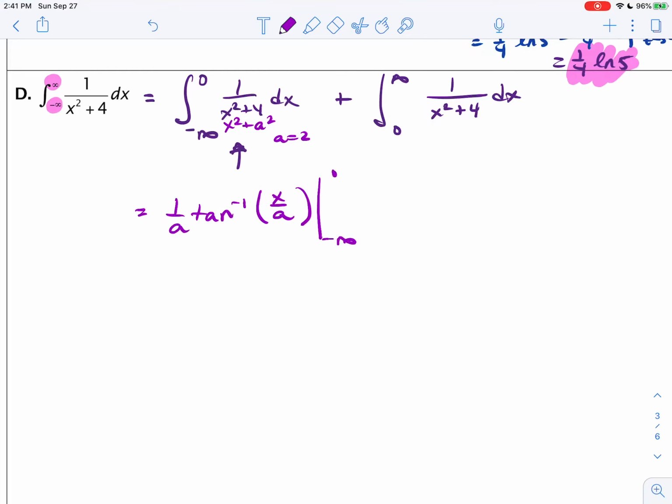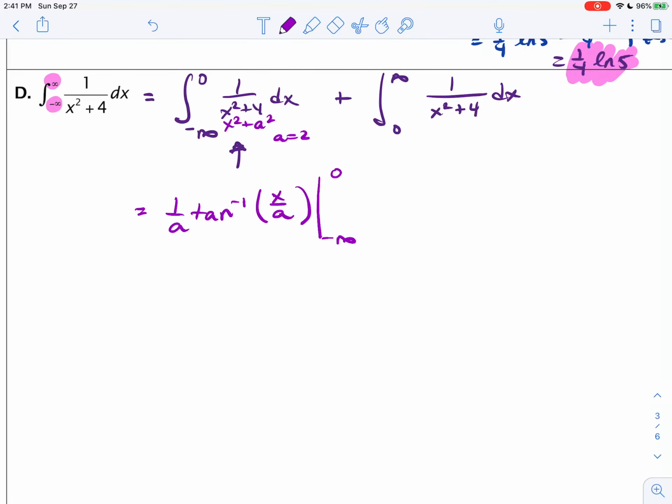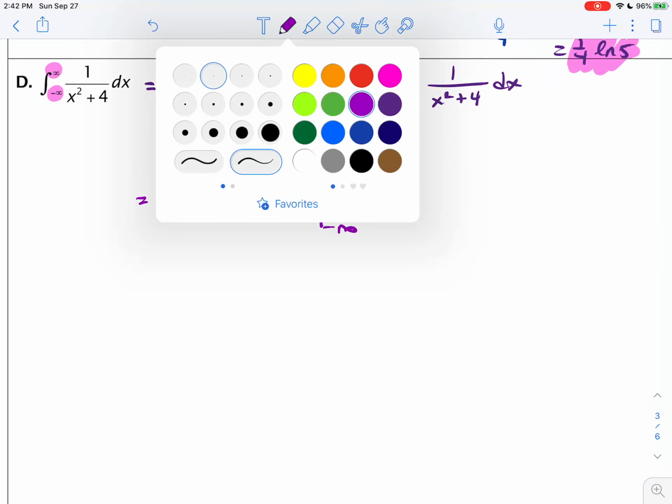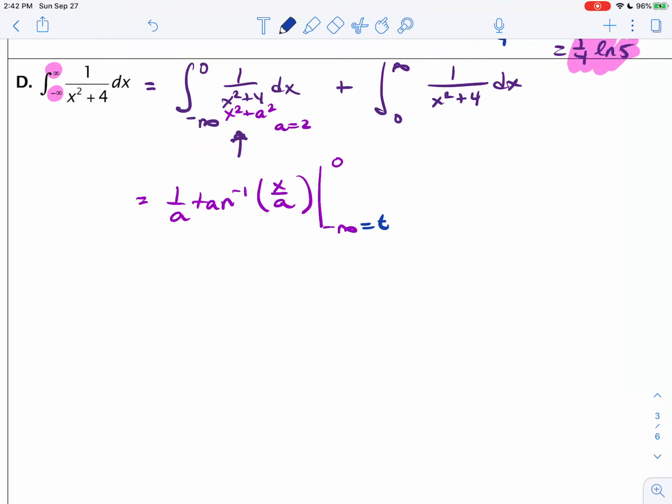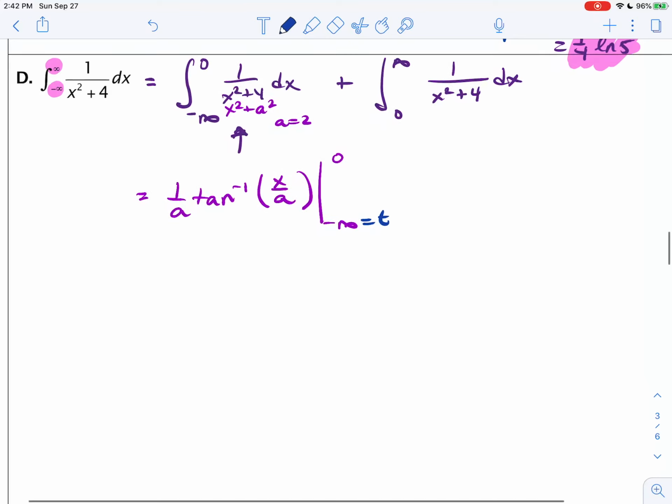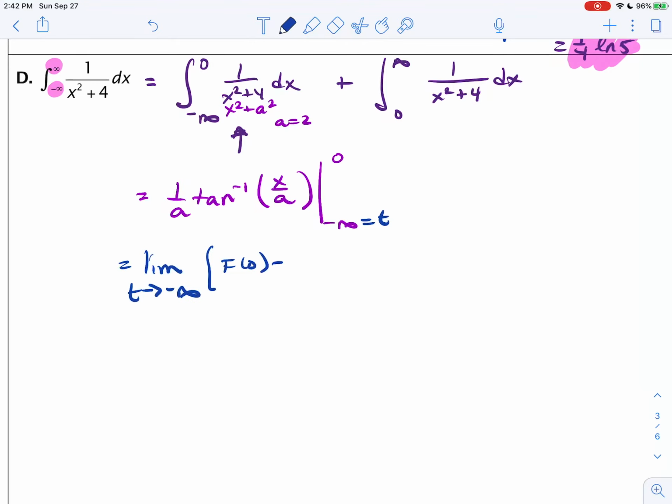And I'm going to go from minus infinity to 0. And remember, when we have infinite limits of integration, we want to let the infinity equal a t. And we're going to say that this is going to equal the limit as t goes to minus infinity of f of 0 minus f of t.